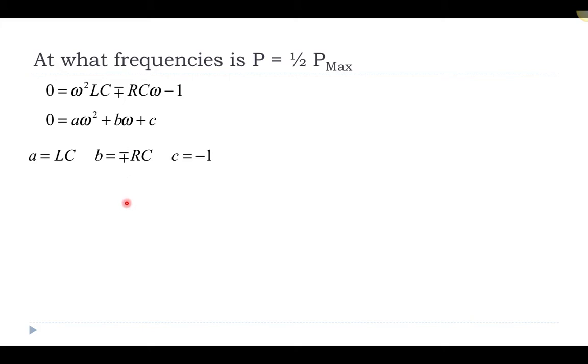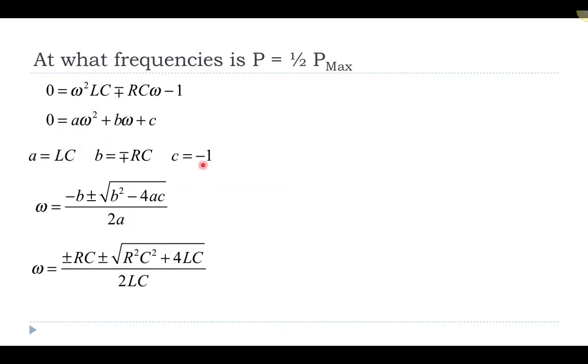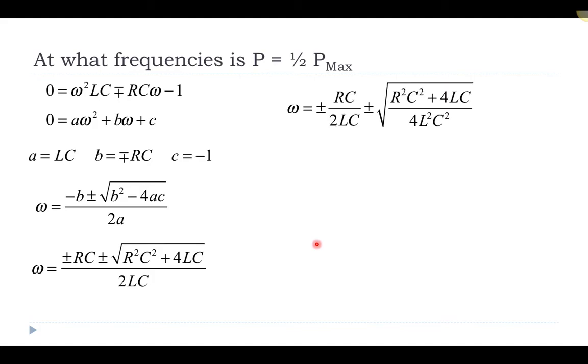So I can continue and solve for the angular frequency using the quadratic formula. The quadratic formula says that the angular frequency would be minus B plus or minus the square root of B squared minus 4AC, over 2A. I can plug in all the values that I have for A, B, and C. When I have them in this form, my B is minus plus, and when I multiply by a minus it becomes plus minus.